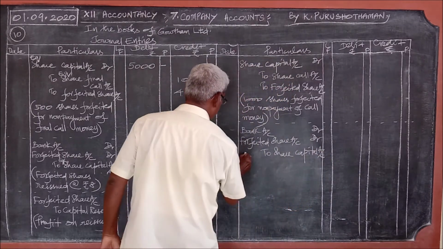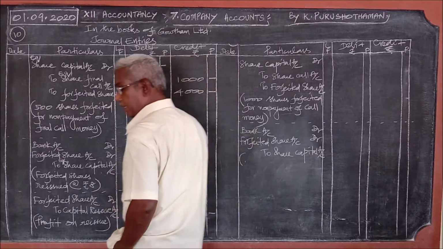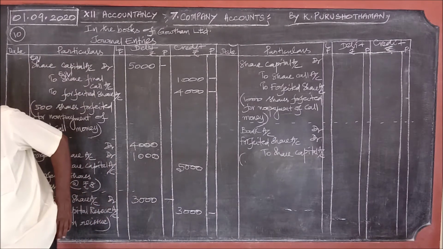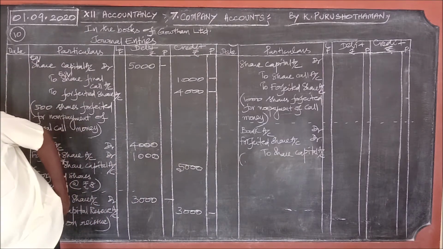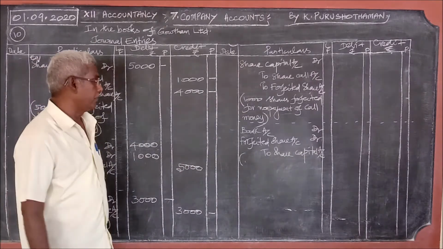Out of the forfeited shares, 800 shares were reissued at the rate of ₹7.